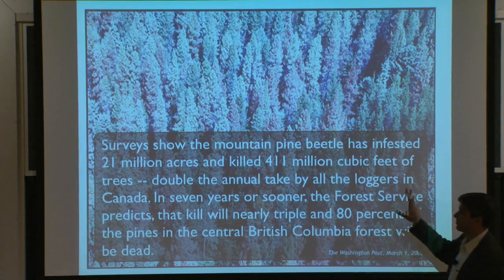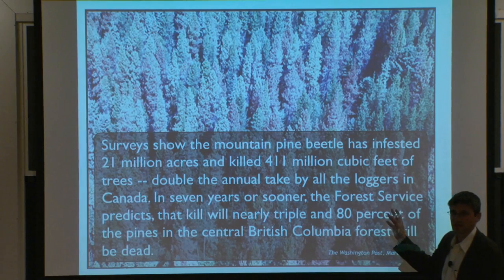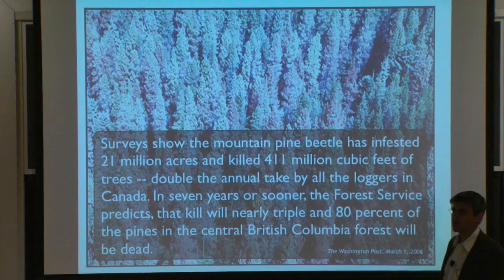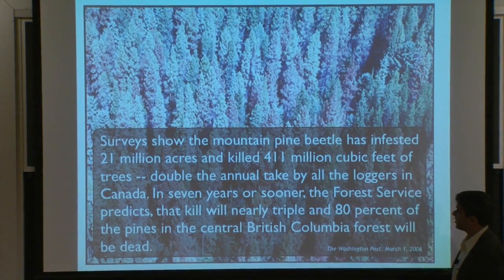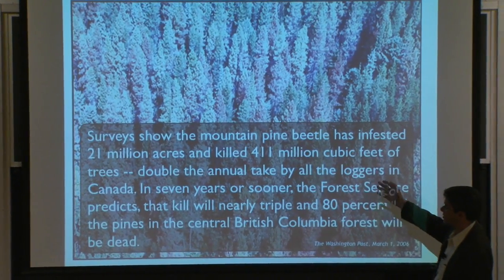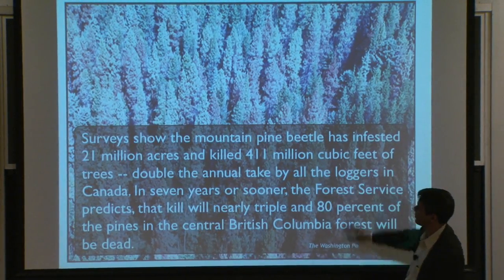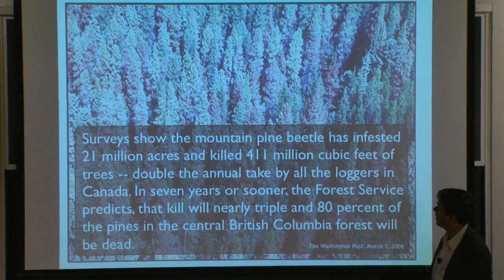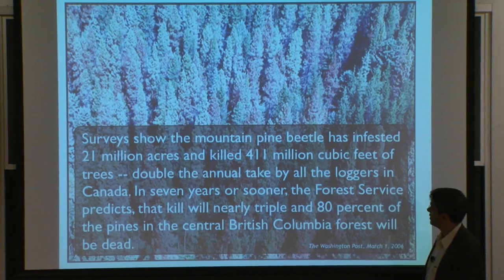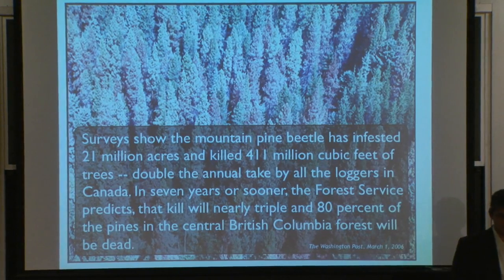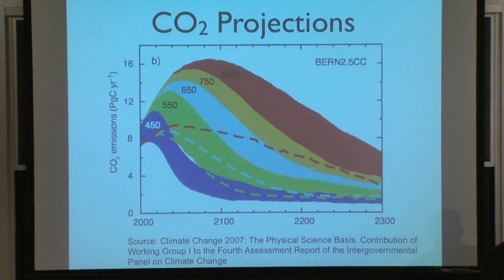That's a really bad thing for this tree that can live a few weeks either before or later than it usually lives. And therefore, there are no predators around to kill it. And already in Canada, this is just an enormous disaster. So, 411 million cubic feet of trees have been killed. And that's double the take by all loggers in Canada. Okay, so enormous problems can arise from climate change.